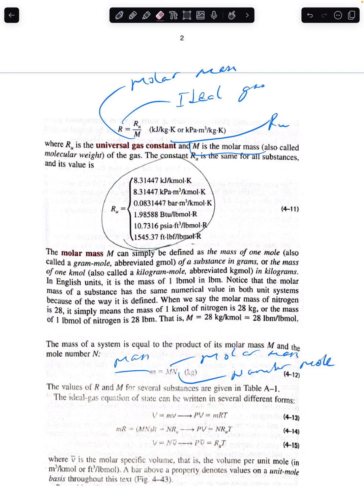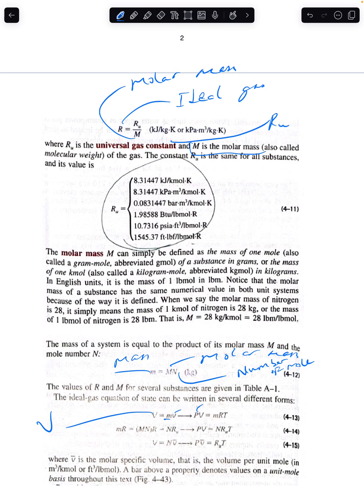So if you have the number of moles and the molar mass, you can determine the mass of a quantity of fluid or substance. Now, let us proceed. In a situation whereby I want to calculate the volume of fluid, capital V, if I know the mass and the specific volume, I can determine the volume of fluid.